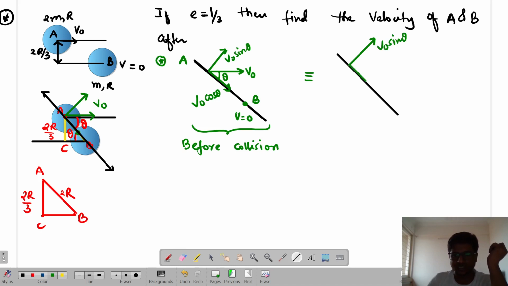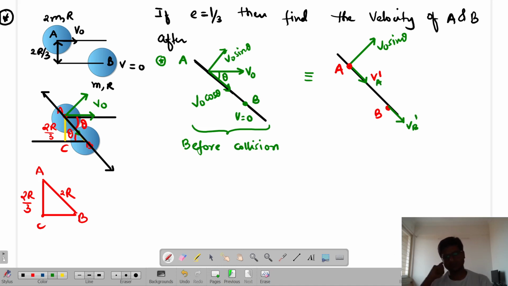But along the line of impact, since e is not equal to 1, its velocity will be different. I call it VA dash. And similarly for B, it will get some velocity along the line of impact. I call it VB dash. Are you able to get me or not?